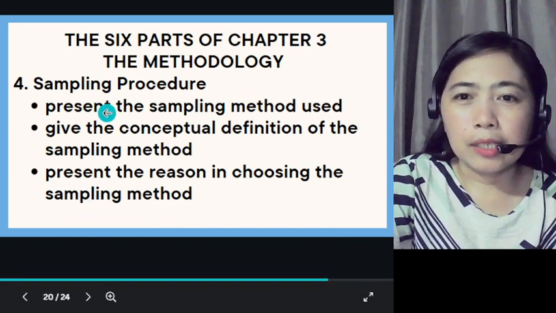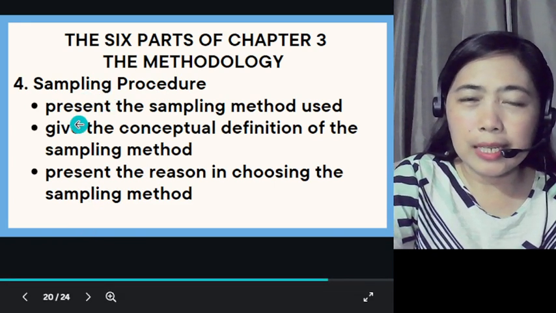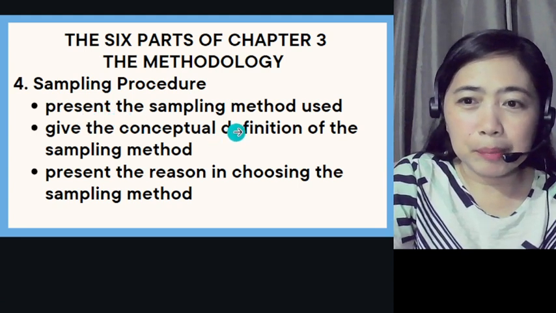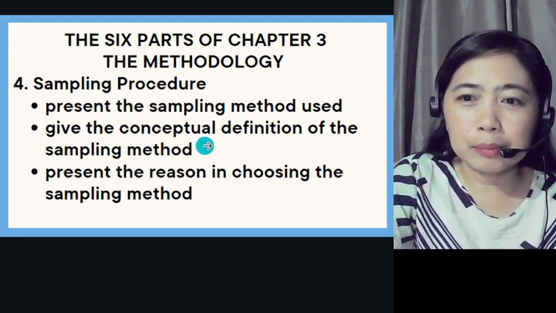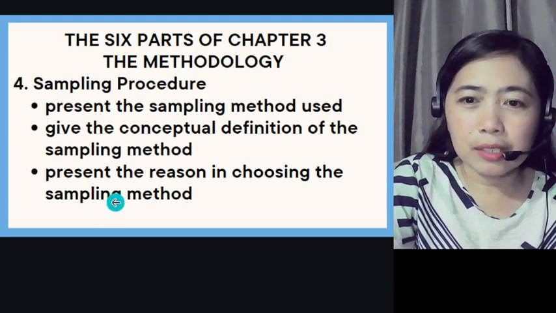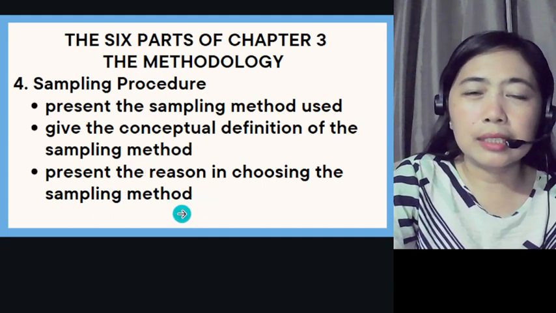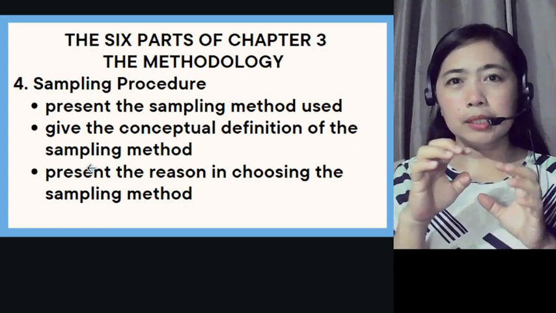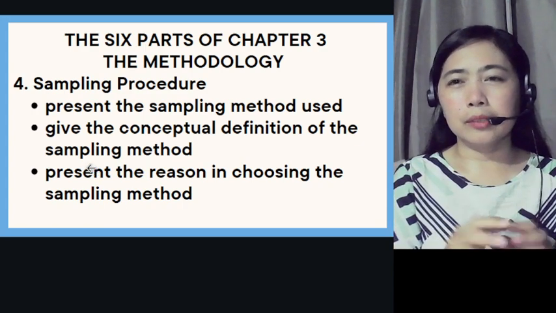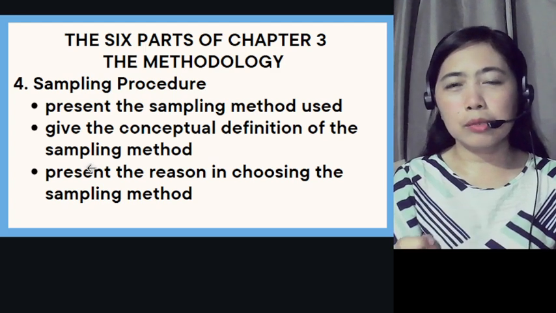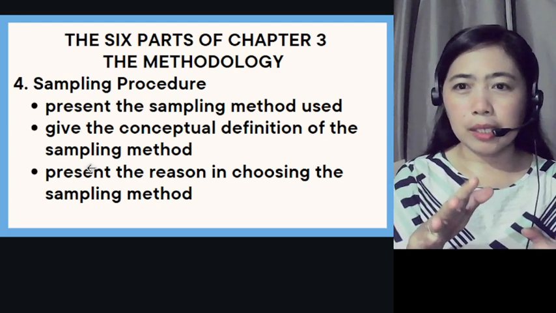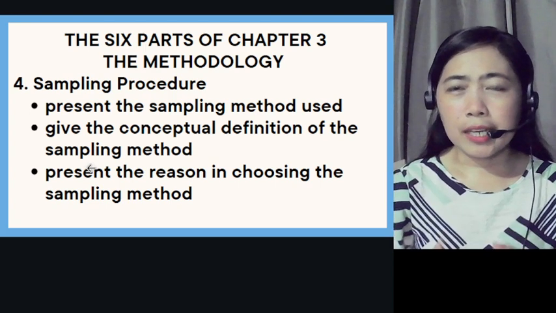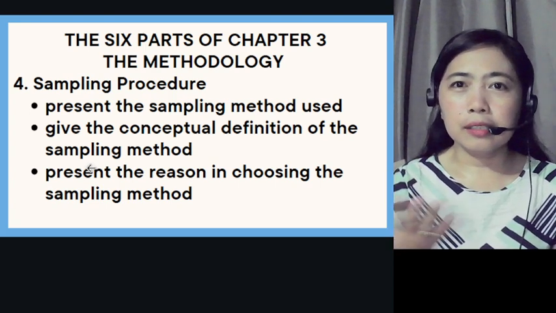Okay. So, another part of your chapter 3 is the sampling procedure. Present the sampling method used, give the conceptual definition of the sampling method, present the reason in choosing the sampling method. As you notice, each paragraph starts the same way. So when you introduce each part of your chapter 3, again, you define it or provide the definition.